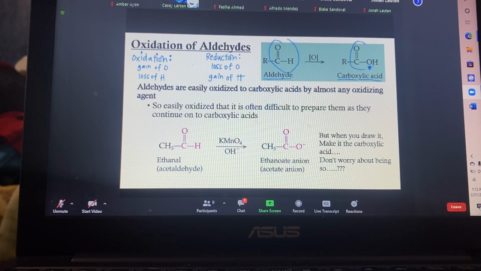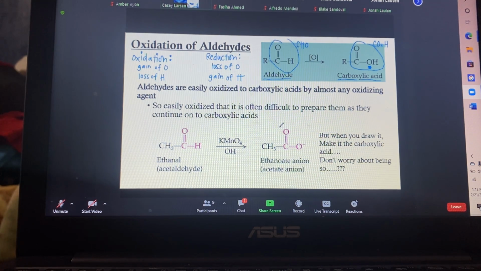If we compare that to the carboxylic acid, do you see how it's different? Instead of CHO, we have CO2H. So we've gained a hydrogen through this process? No. What did we gain? Not a hydrogen.